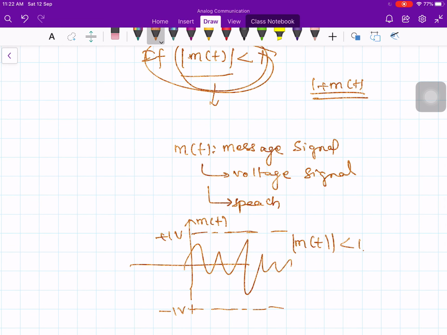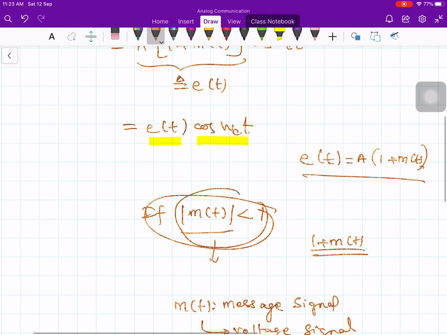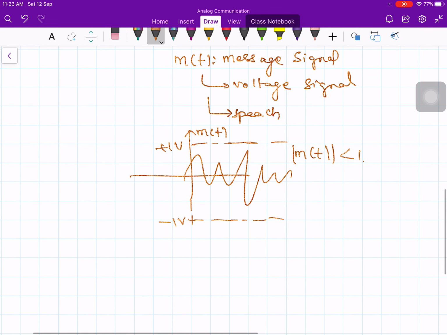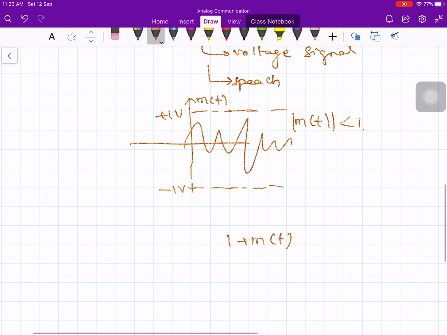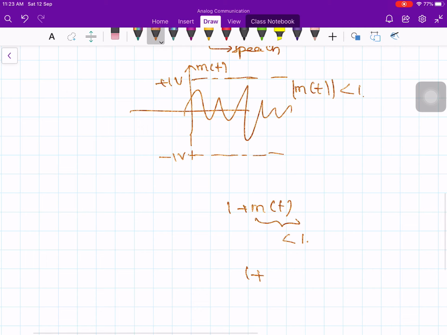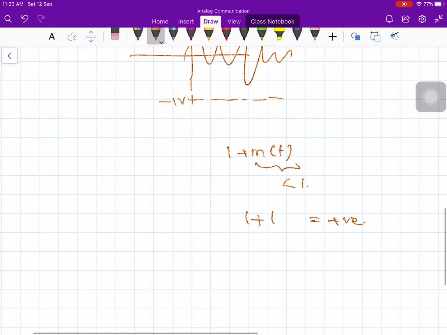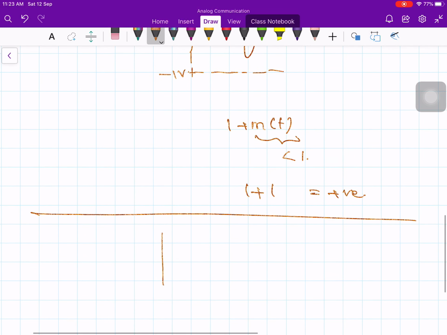In such a case, there is a very interesting property: this E of t will always be a positive quantity. Why is it always positive? Because of 1 plus m of t, and this m of t is always less than 1. Therefore, 1 plus a quantity whose magnitude is less than 1 is always positive. For example, to understand clearly, let's take a sine wave like this, where this one is 0.5 and this one is minus 0.5 volt.